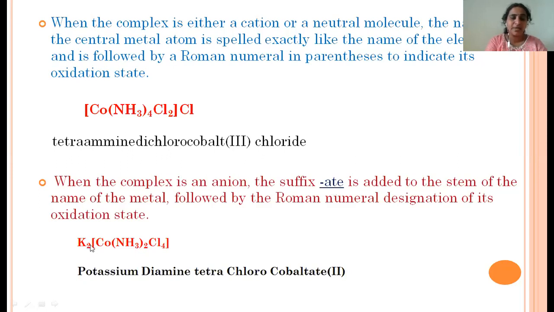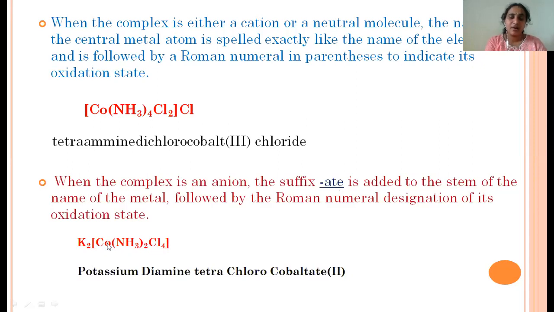While writing the IUPAC name, we write the cation name first, then the anion name. First the cation name is potassium. Then in the sphere we write the ligand names, also in alphabetical order: diammine, tetrachloro. The metal is cobalt, but since it is a negative sphere, we add ate.